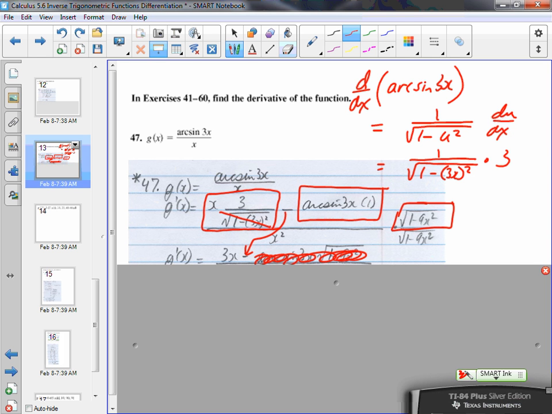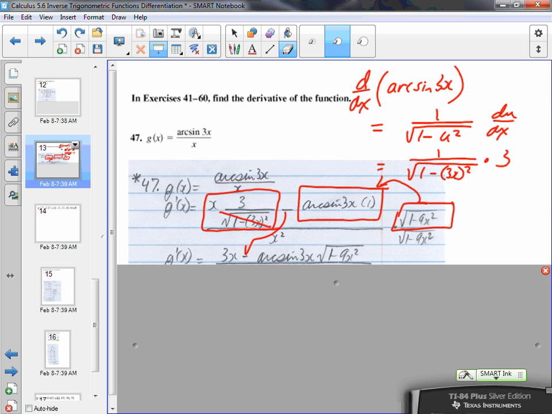I'm going to get a negative. Okay? Anything divide out this time when I multiply that times that? Nah. And there's really not a good way to write that either. I'd rather write the arc sine of 3x in front of the radical so I don't think it goes underneath the radical sign. But other than that, you know, it's kind of messy.